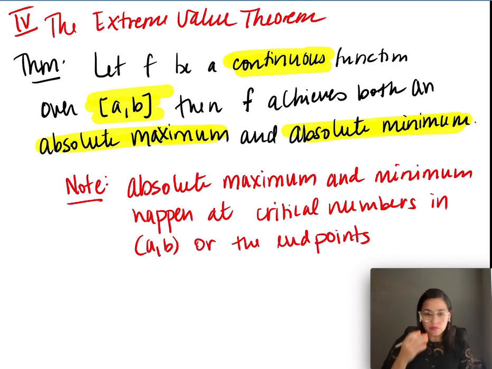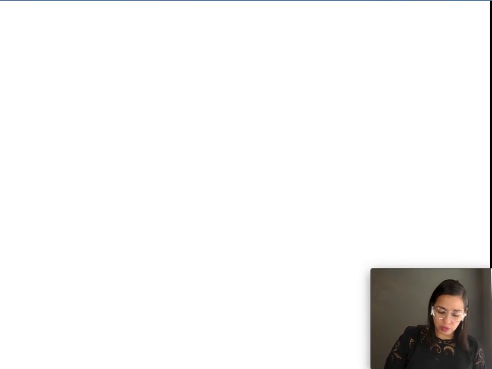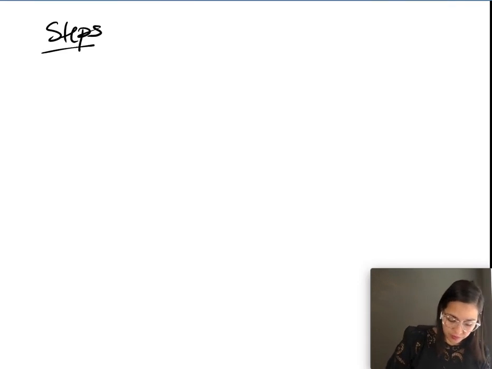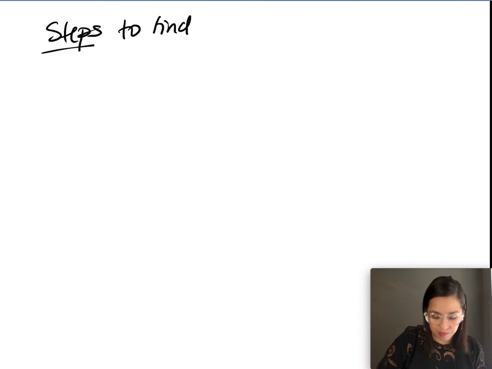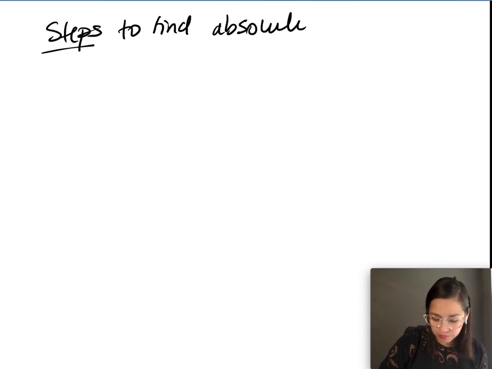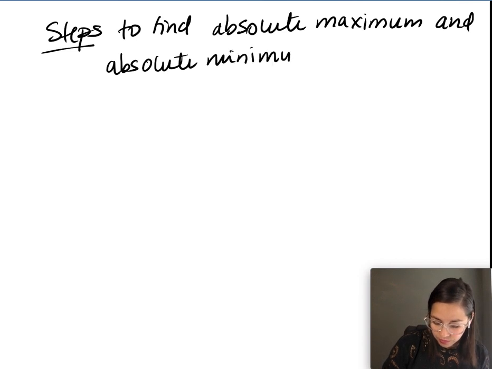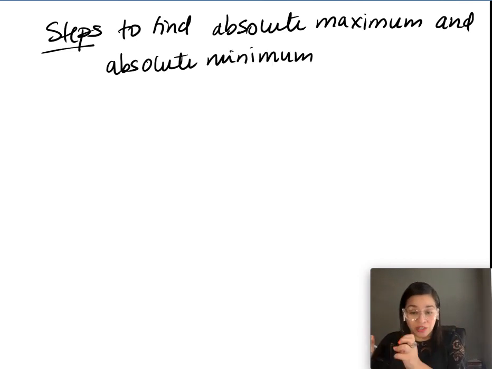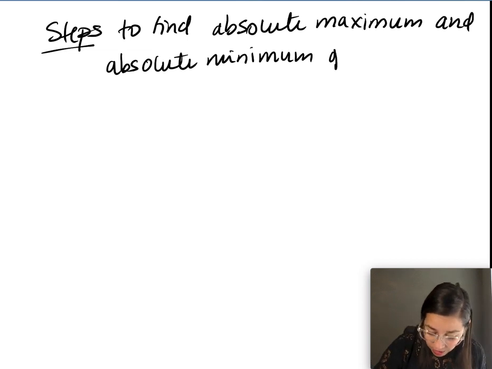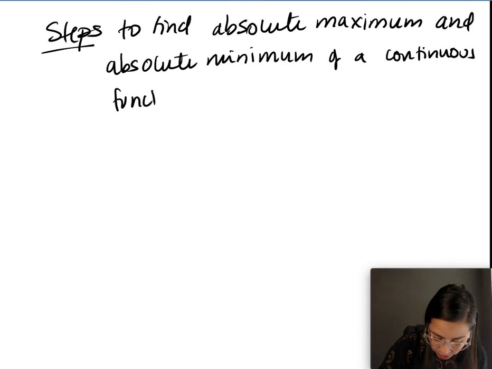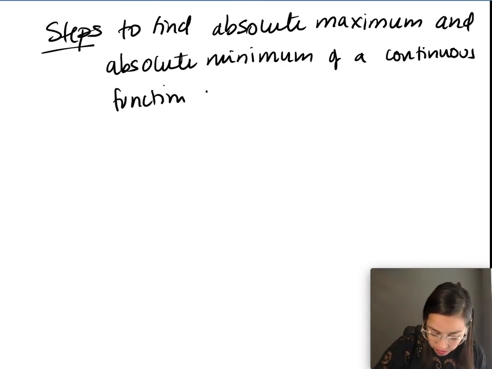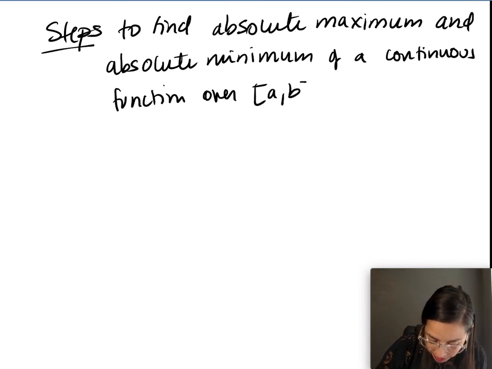Okay, perfect. So steps to find the absolute maximum and absolute minimum of a continuous function over a closed interval [A, B], okay?